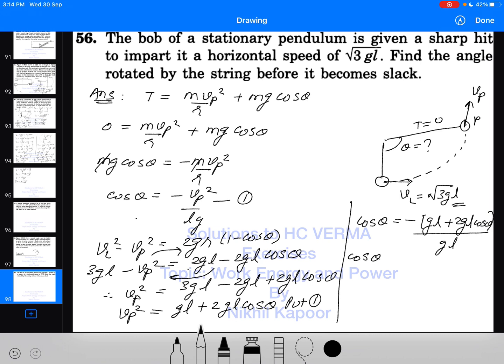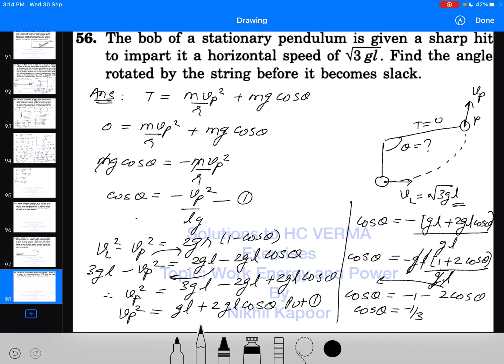Taking gl common, it becomes 1 plus 2 cos theta, and this gl cancels out. So cos theta is equal to minus 1 minus 2 cos theta. The minus 2 cos theta comes to this side, so cos theta plus 2 cos theta is 3 cos theta. So cos theta comes out to be minus 1 by 3.